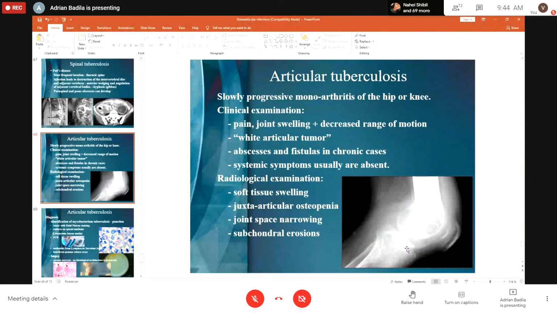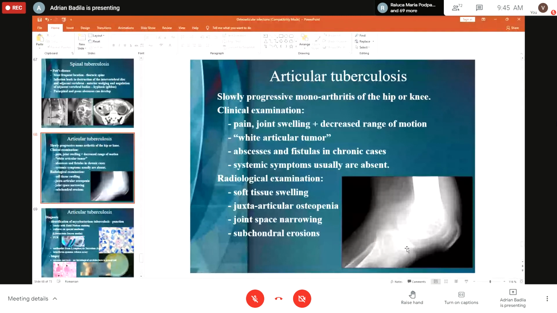The articular tuberculosis is in most cases a slowly progressive monoarthritis of the knee or of the hip. At the clinical examination, we will see pain, joint swelling, and decreased range of motion. It is also called the white articular tumor because it mimics a tumor.